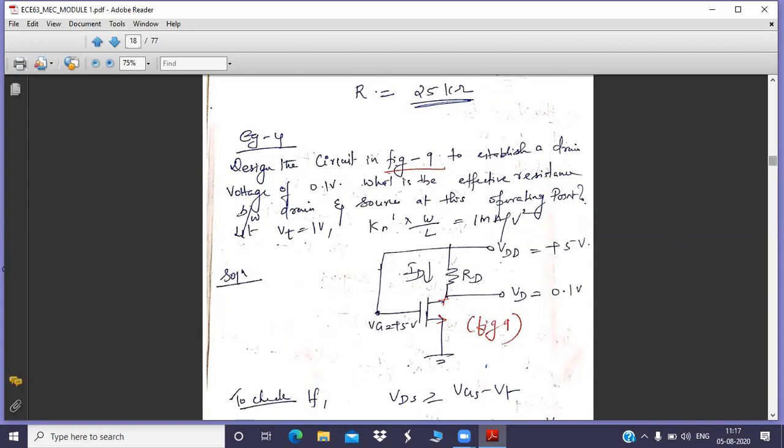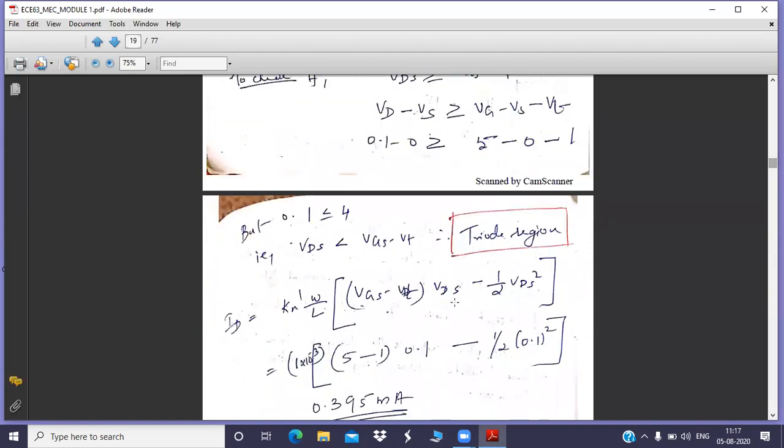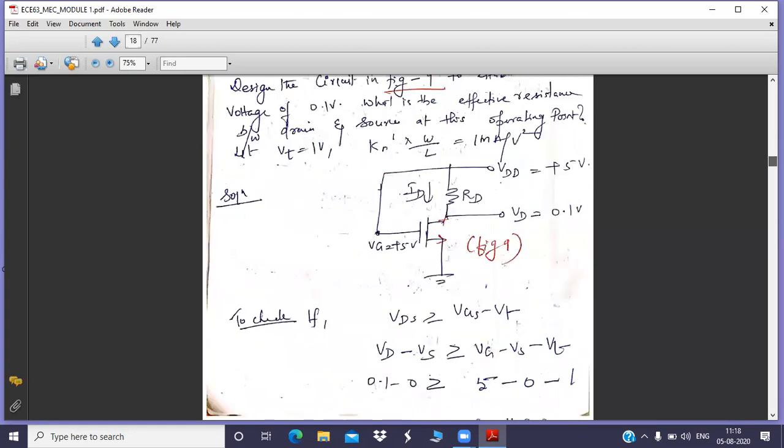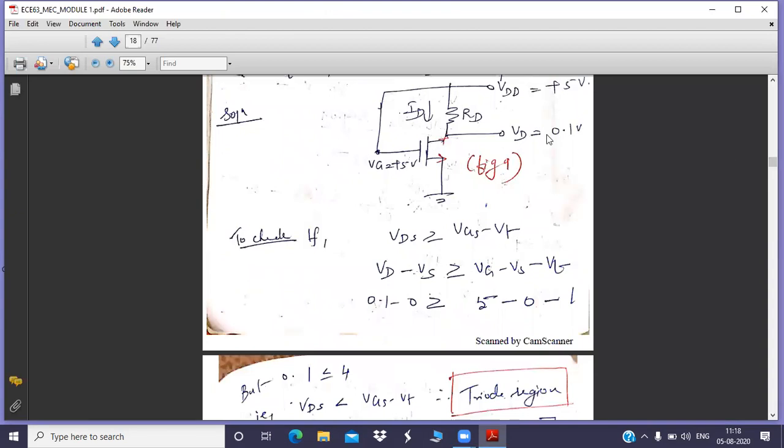That is your VGS. 5 minus the threshold voltage, which is given in the question as 1, into VDS, which is 0.1. How did you write VDS as 0.1? Because VD is 0.1, so VDS is 0.1 minus 0, which is again 0.1 only.